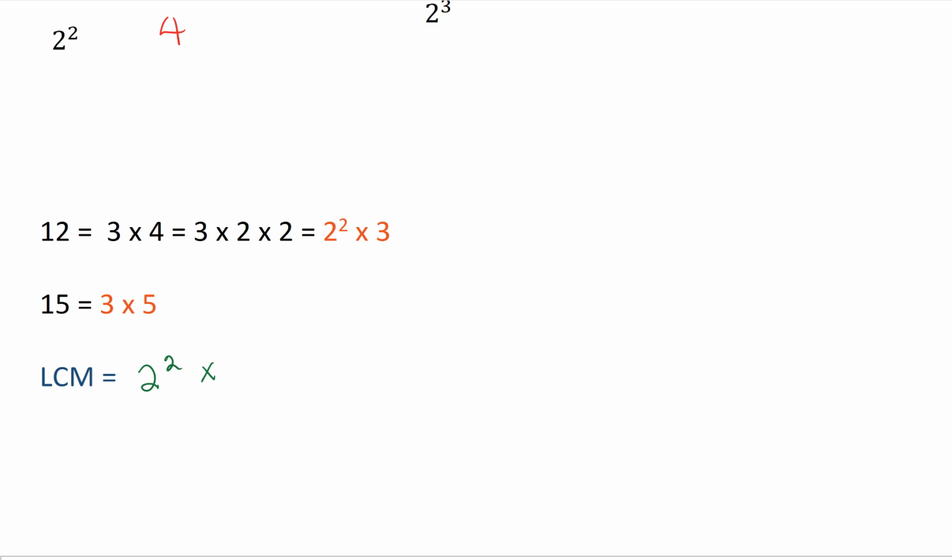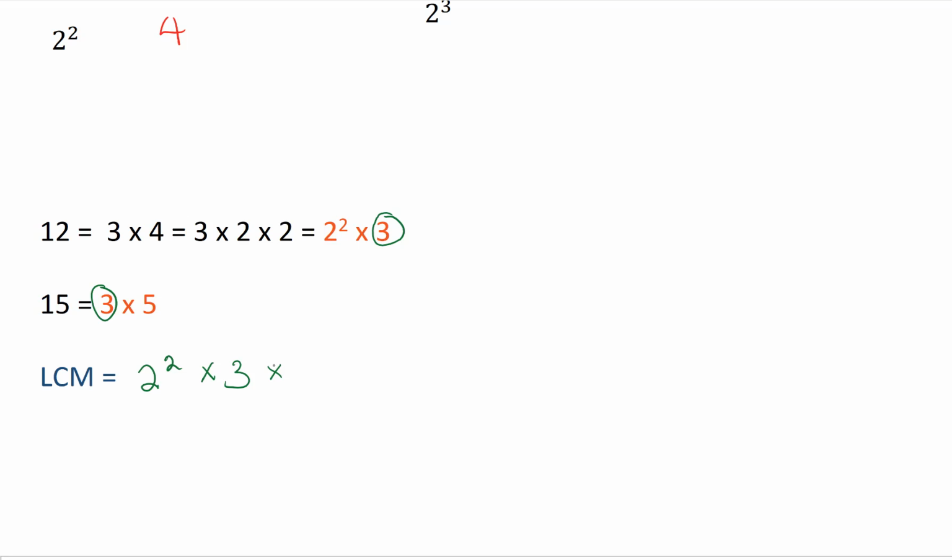And then we have this 3 that they both have in common. Well, we only need to write it once in order for the 3 in the 12 to divide into it, and for the 3 in the 15 to divide into it. So in order for that particular prime number, the number 3, to divide into the least common multiple, we only need to write it once, since there's only one 3 in the 12 and one 3 in the 15.